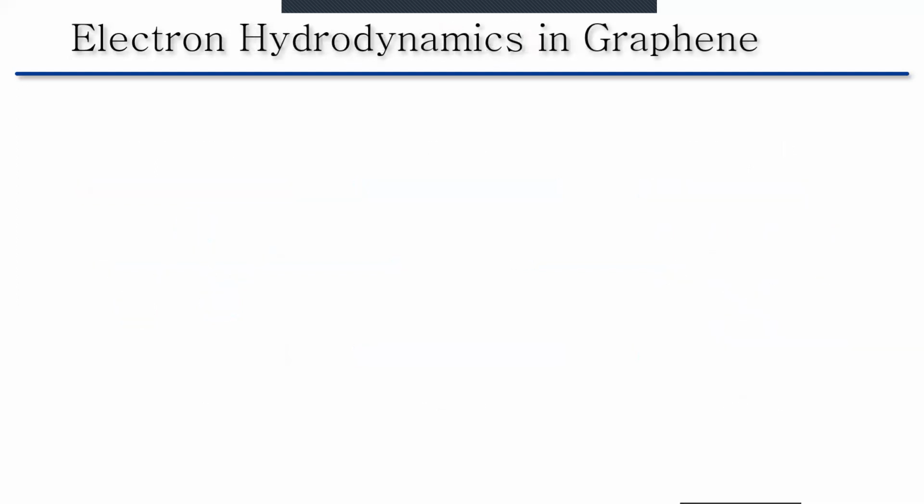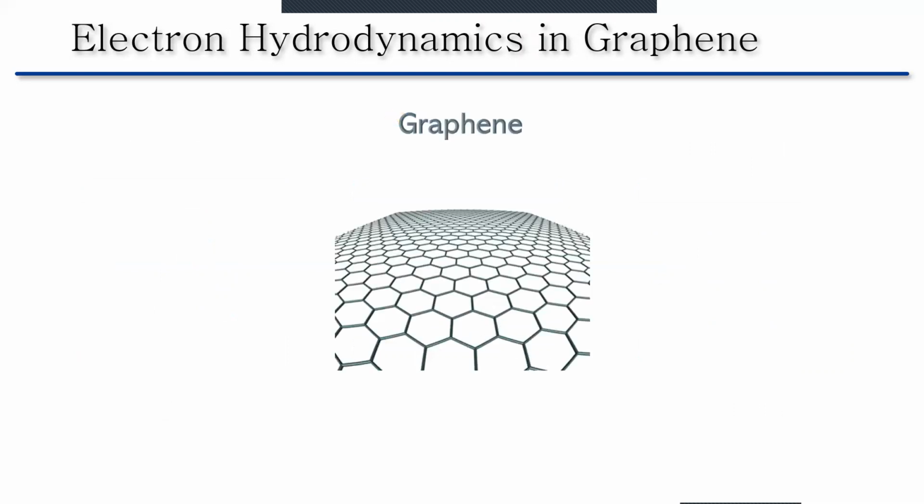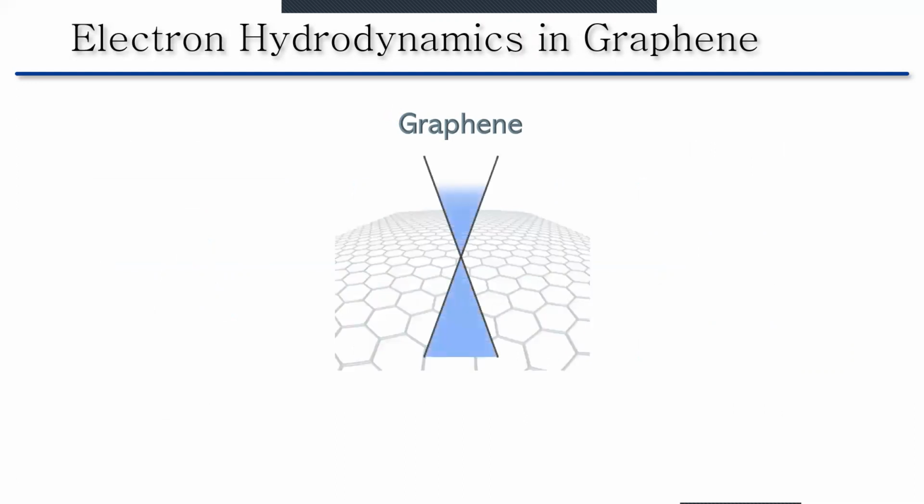So the context for us today is graphene. Graphene remains this sort of miraculously beautiful material which keeps on bringing new physics, its core feature being this linear dispersion. There are several properties it possesses that make it relevant for this search for hydrodynamics.